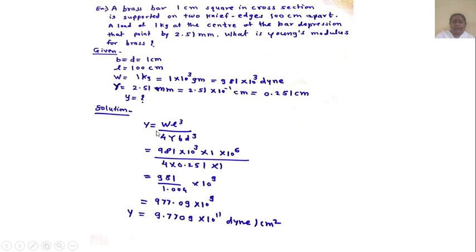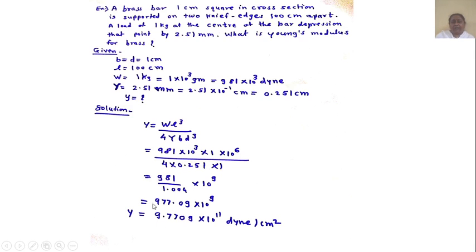So Y equals W into L cube upon 4 y b d cube. So putting the values, Y equals 981 into 10 raised to 3, that is the value of W, into 1 into 10 raised to 6, putting the value of L cube, upon 4 into y, here 0.251, into b d cube, that is 1.